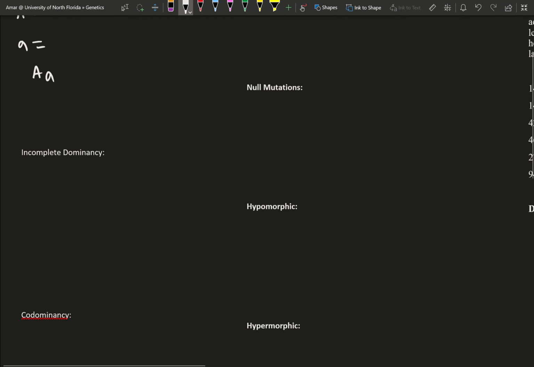Incomplete dominancy, on the other hand, is where you have two different alleles that encode for a specific product, and this specific product is blended together to create a certain phenotype.